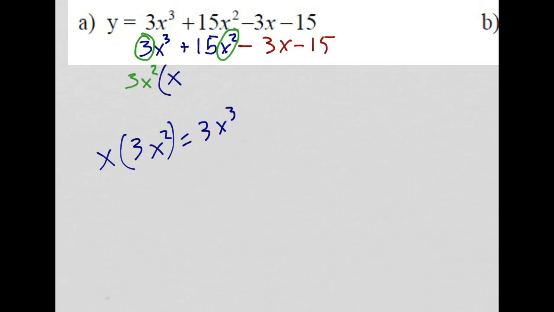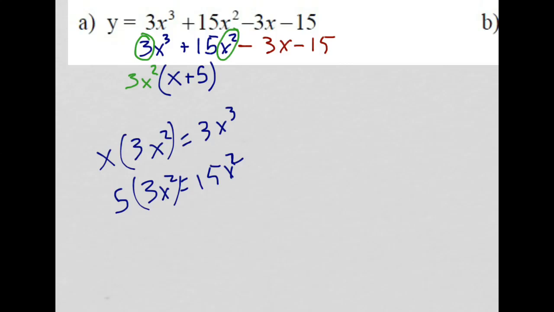And what do I need to multiply 3x squared by to get 15? I need to multiply by 5, because 3 times 5 is 15. So I get a plus 5 right there.